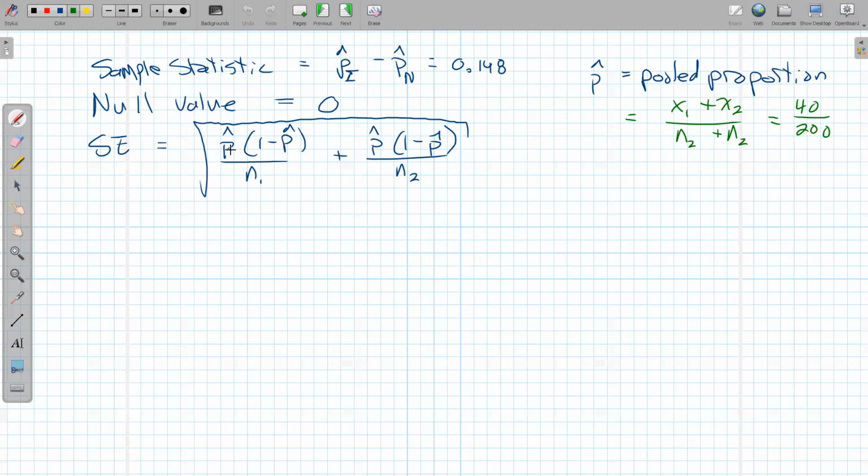So this would be assuming there's no difference, what proportion of people died, what proportion of people lived. Divide by the sample size based on those who and what has died. Next, again, pooled proportion died versus lived divided by the number of people who died. This is called the standard error for a difference in proportions.